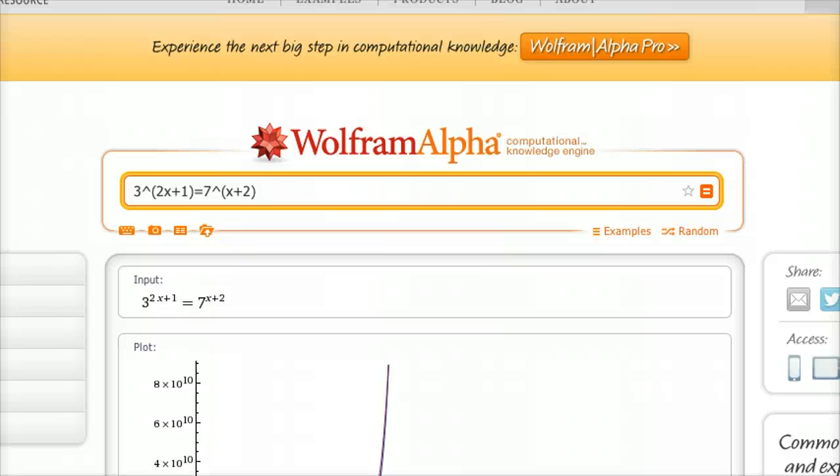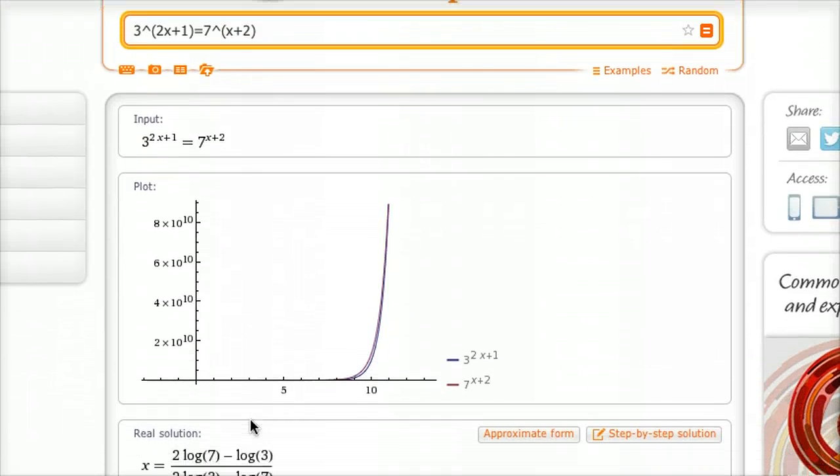You can see I typed that exact thing into Wolfram, 3 to the 2x plus 1 equals 7 to the x plus 2. Unfortunately, you're not going to be able to do this probably on a math exam for your instructor, but what's cool is Wolfram does give you the graph.